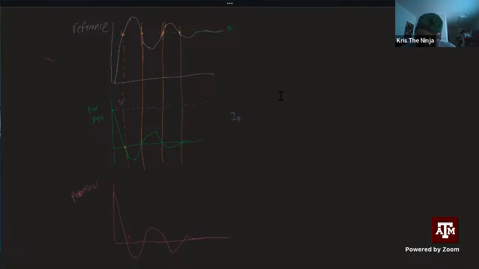And I'll even make it bold. There may be a steady state error.